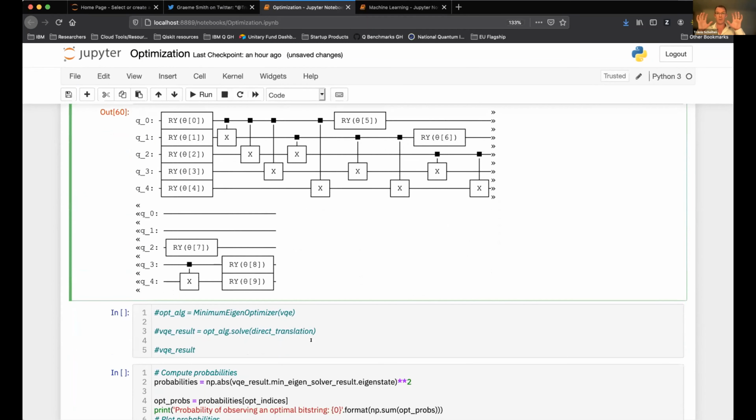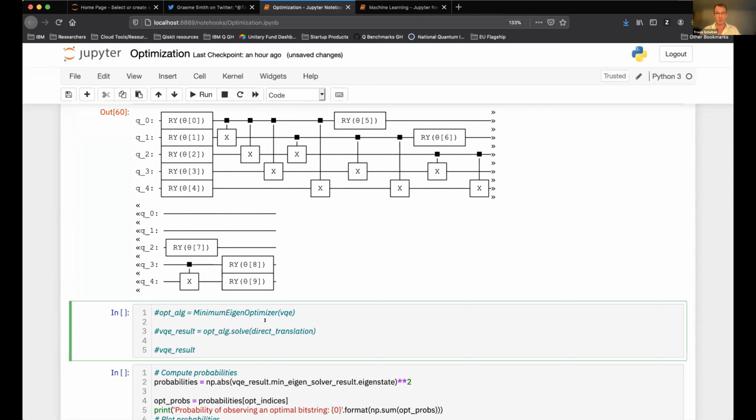Okay. So now we've gone ahead and we've set up our problem by saying, well, we want to now solve this Ising Hamiltonian using VQE, using this RealAmplitudes ansatz. And now what's really cool is we can, let's say VQE, I'll call this vqe_alg. We just take our minimum eigen optimizer and we just plug VQE into it.